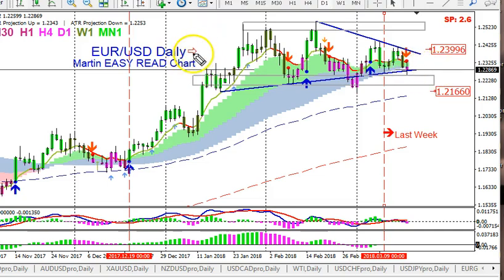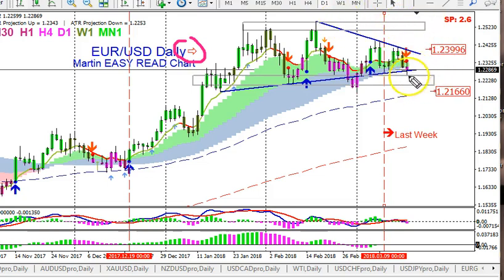My bias is sideways. So when you see the arrow pointed to the right side, as this is right here, then we're looking at a sideways market. So you're going to have to wait for further evidence, and note that I've got major support outlined in this gray rectangle. I've got resistance up here.